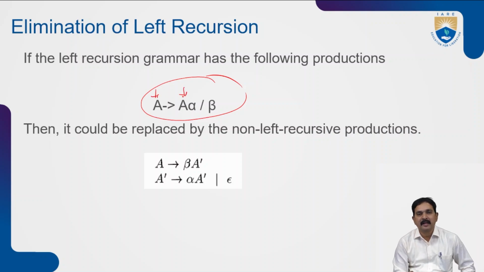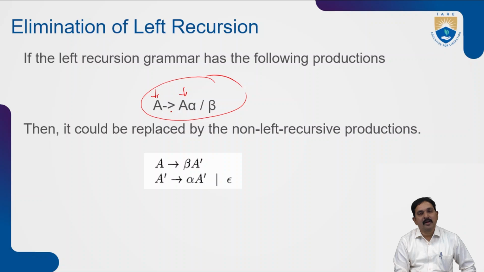In the derivation, the left hand side variable is capital A and the first symbol on the right hand side is capital A. Both are the same. If the production has a form like this, then you are facing the problem of left recursion with the variable capital A. So once you compare your grammar production with this syntax, you can identify that left recursion has happened.